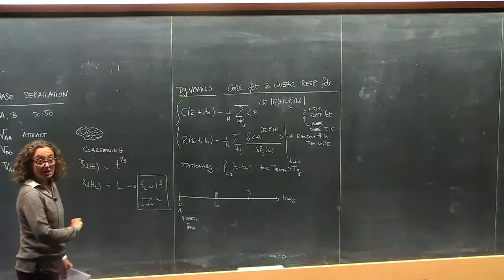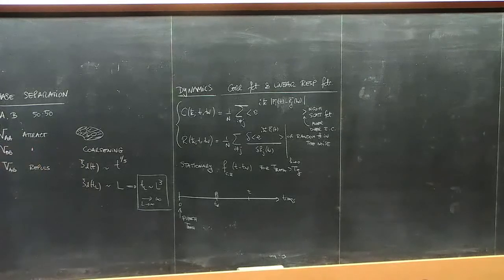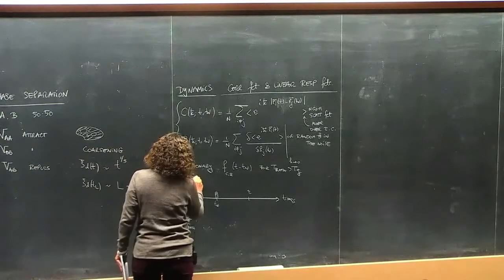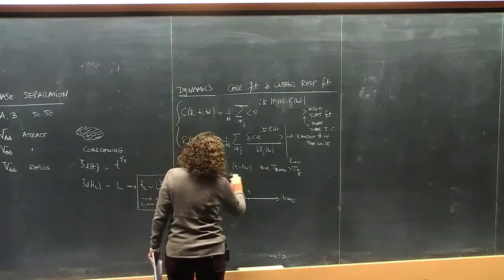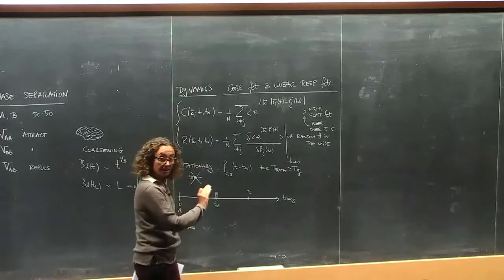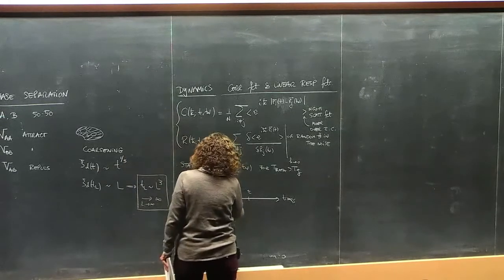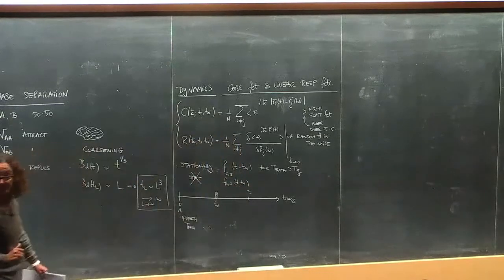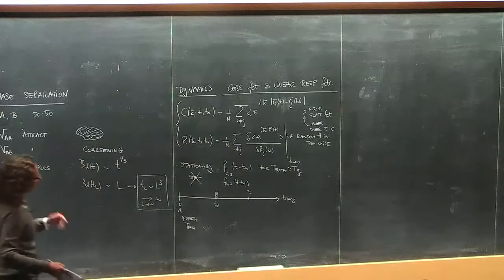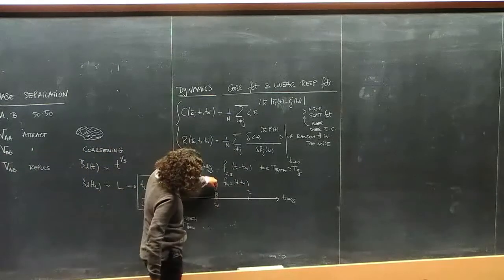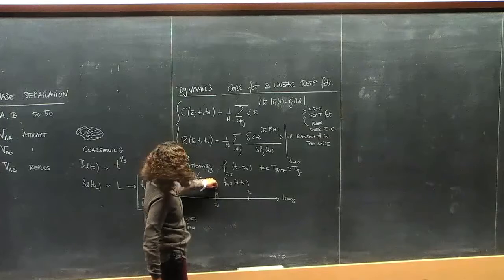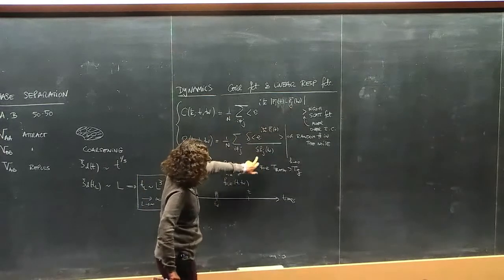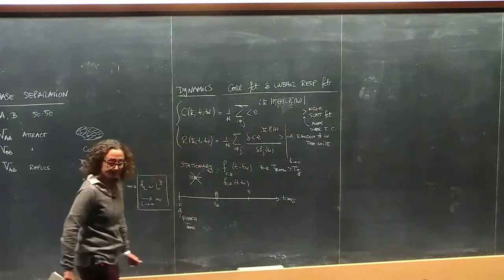Instead, if the quench is done below this Tg here, then they are not stationary, meaning that you cannot write them as a function of the difference between the two times. They are functions of the two times separately. So there is a memory in these correlation functions of the moment at which you either took the first image of your sample and then computed the correlation, or perturbed the sample and then computed the linear response.